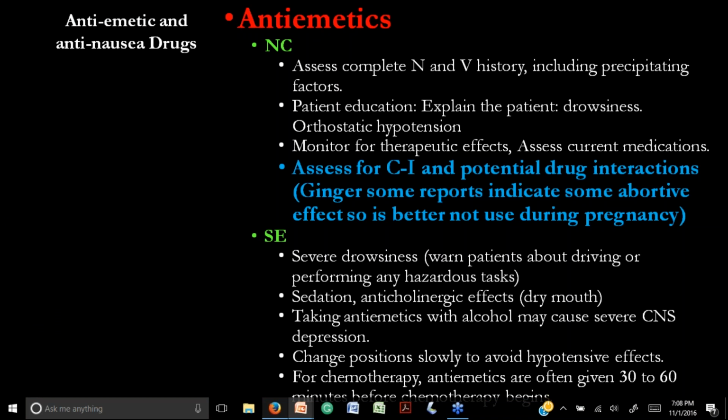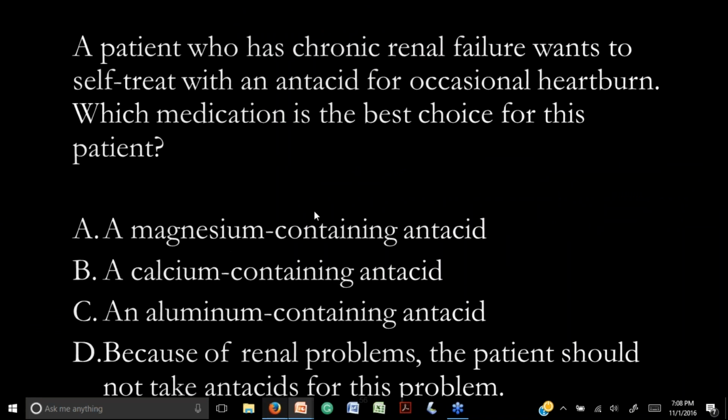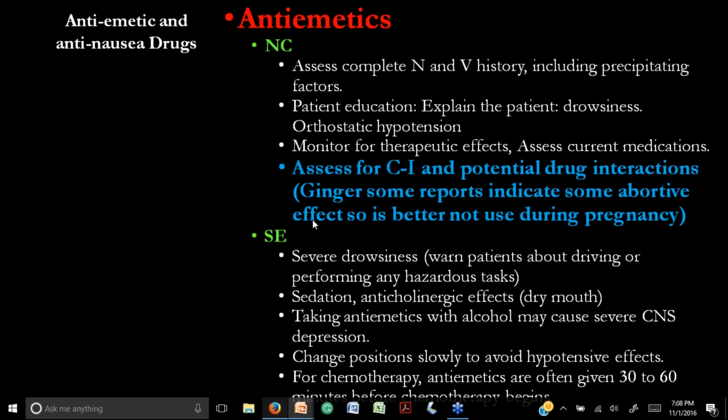All right, so one last thing about antiemetics is ginger. Ginger is used as an antiemetic. For example, if you rub the ginger between your hands and smell it, that is going to produce an antiemetic effect.